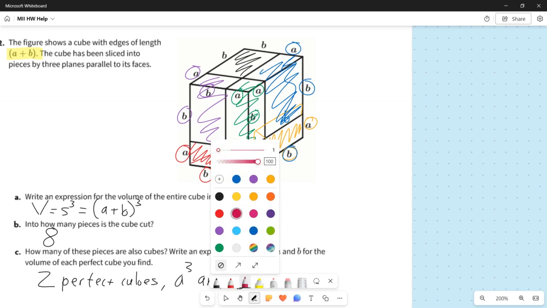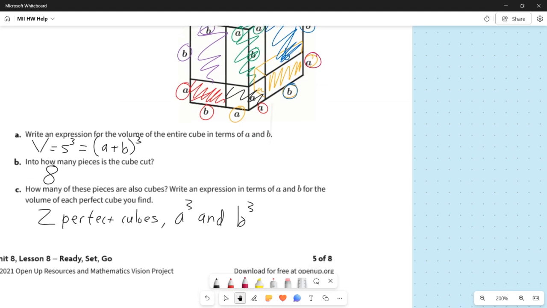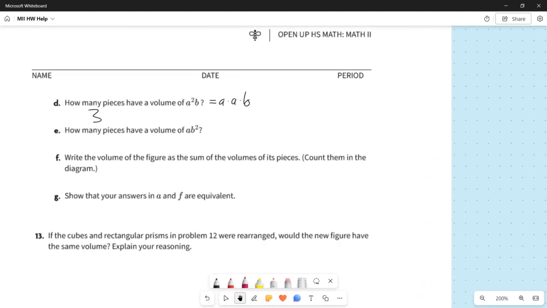The piece that we can't see is going to have a length of B, a depth of B, and a height of A because it's in the bottom. And so that's going to be A times B, which is also AB squared. So those 3 pieces have a volume of AB squared.